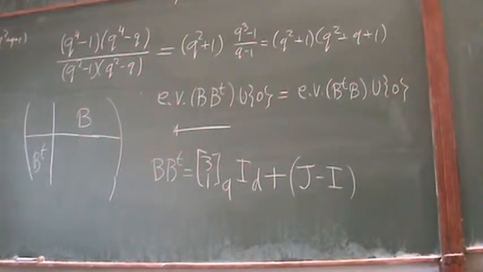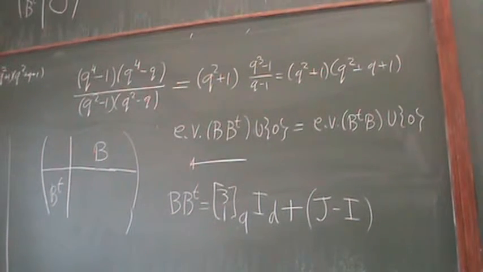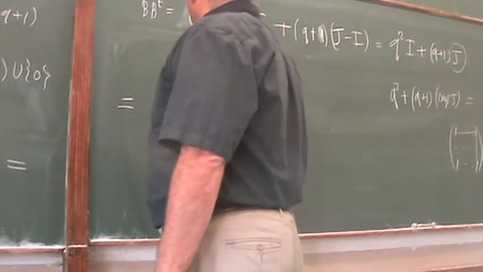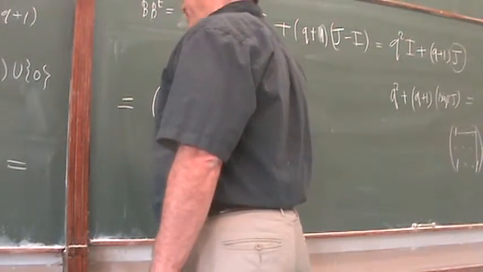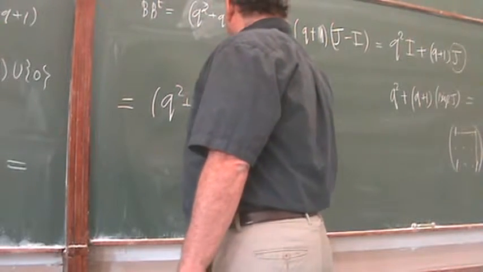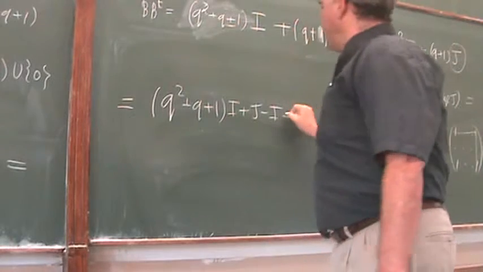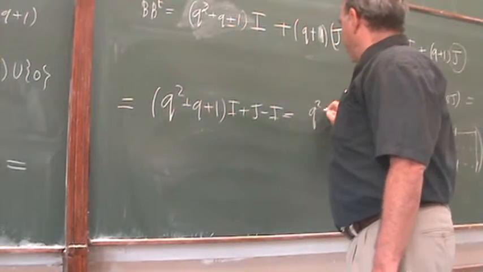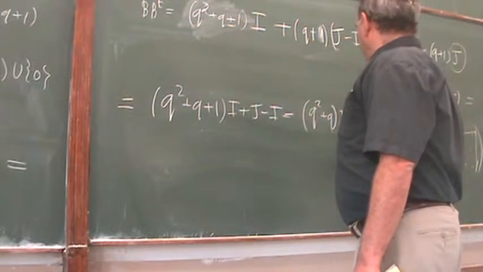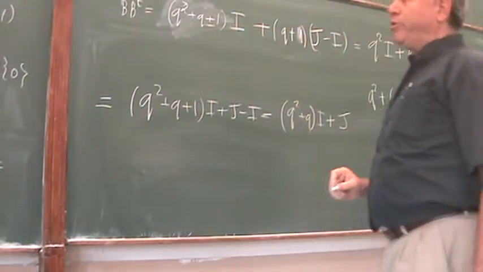That's easy. So this is equal, so let's write it down. I'm continuing here, so this is q squared plus q plus 1 times I plus J minus I, so this is q squared plus q times I plus J. And again, what are the eigenvalues?